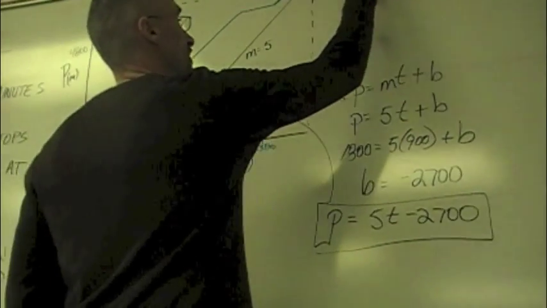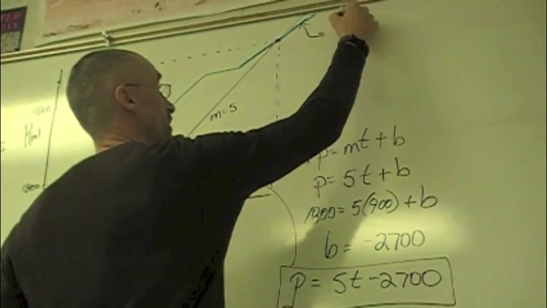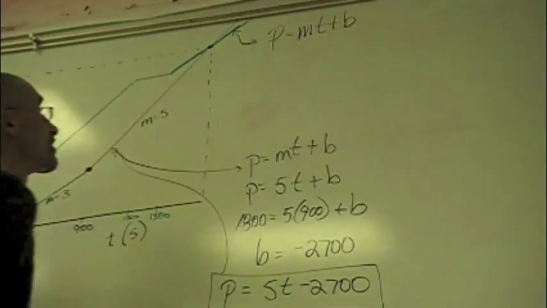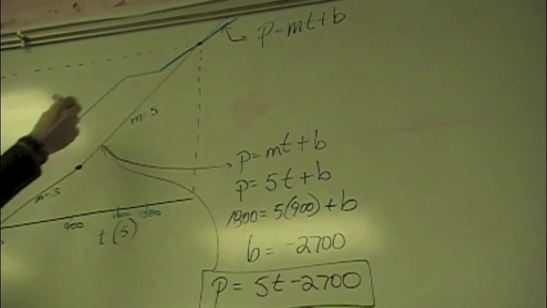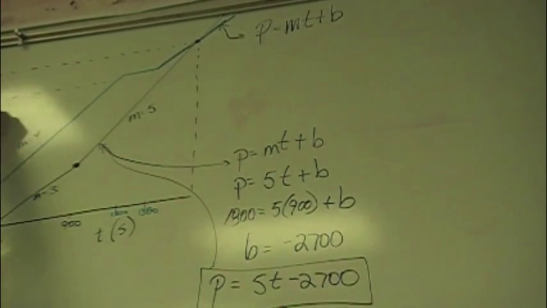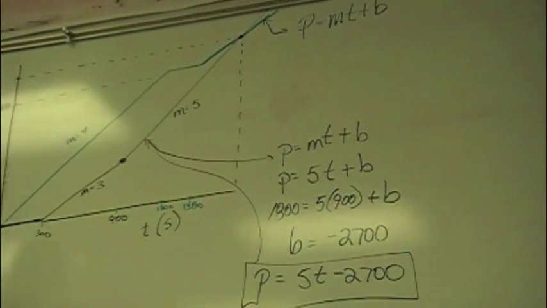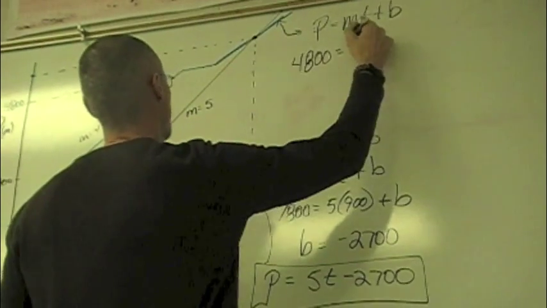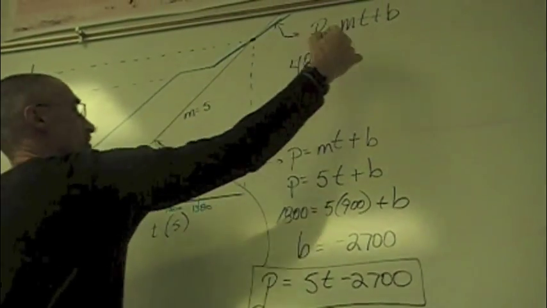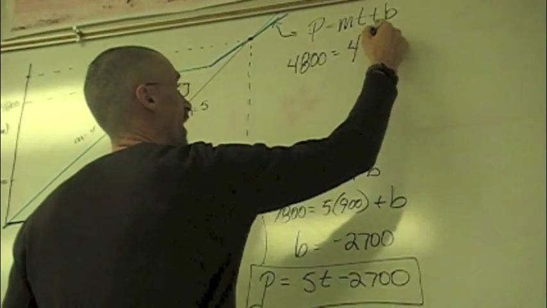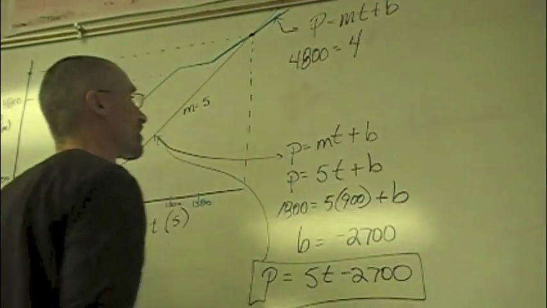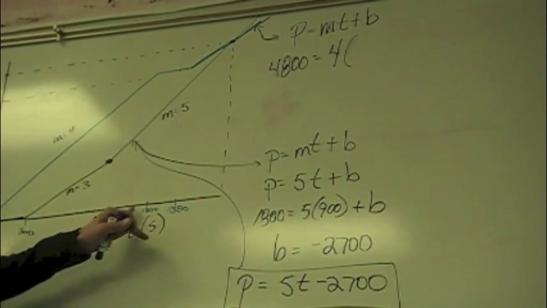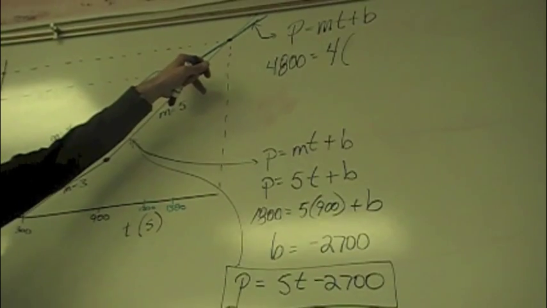Now this line, I think once we've done one of these, it turns out to be pretty easy. P equals mt plus b. In this case, we know our position is what? 4,800. Okay, so we could say 4,800 equals, what's the slope of that line? 4. It's 4, right? Now, what is our t going to be? 1380, right at that point? Yeah. Okay.